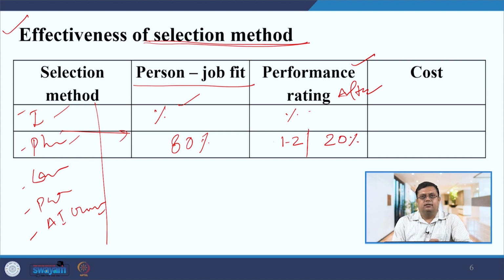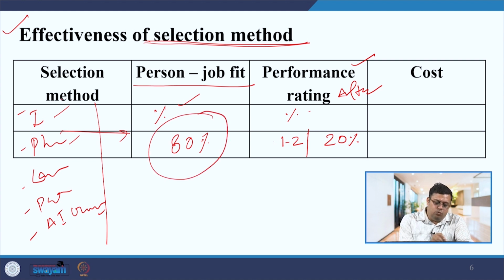It indicates that the selection test that you used to assess the person job fit was not useful, because if the person job fit is high, then the person should be able to perform at the workplace, right. But the performance rating and the percentage of goal achievement both indicate that this person job fit was not good, right. So if this is what is coming out, it clearly gives a signal to a manager to change the selection method, right.